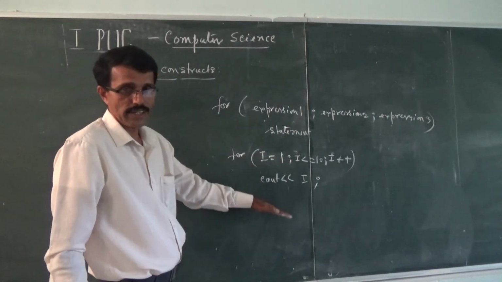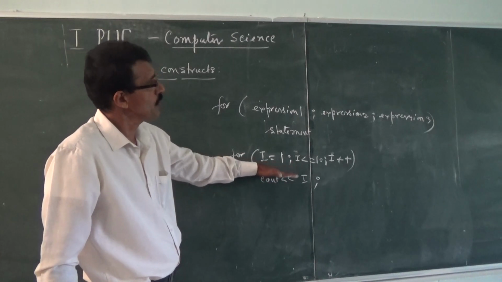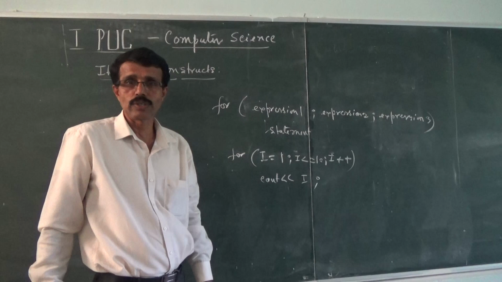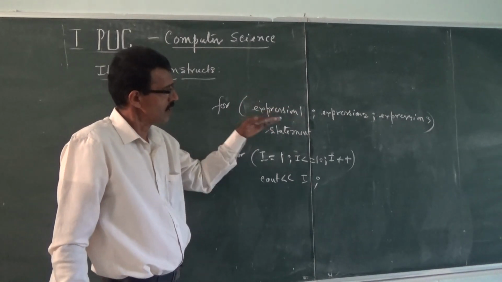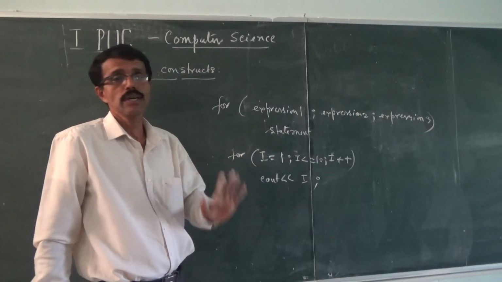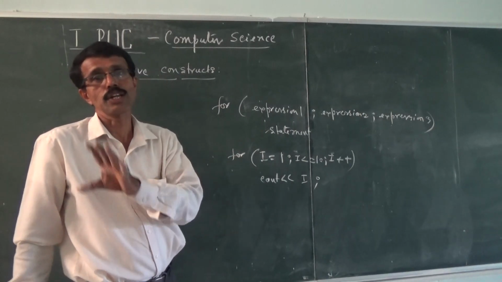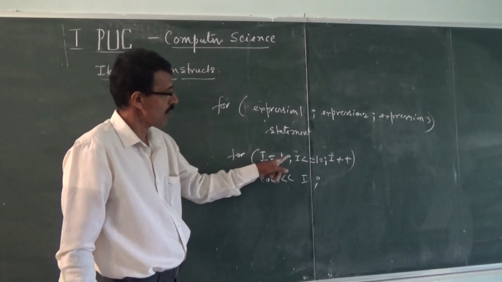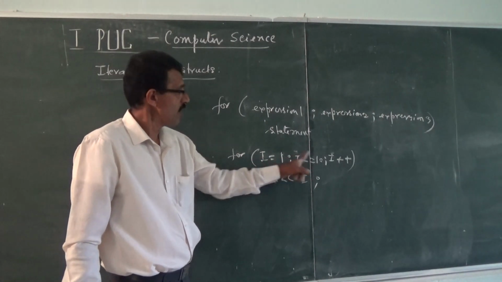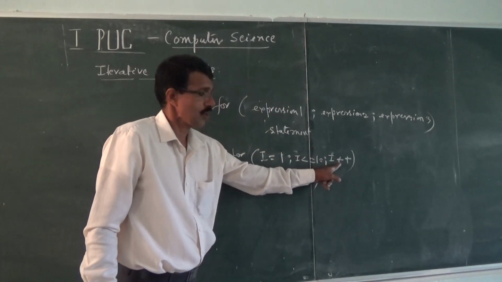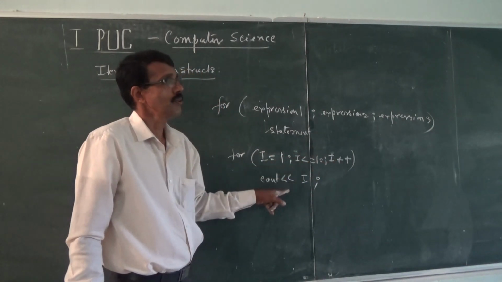The procedure you could implement with while and do-while, the same thing you can do here also. But this is a fixed number of times execution with a fixed condition rule. Whatever you decide, this is the initial value, this is the final value, and during a certain incrementation you should do this.